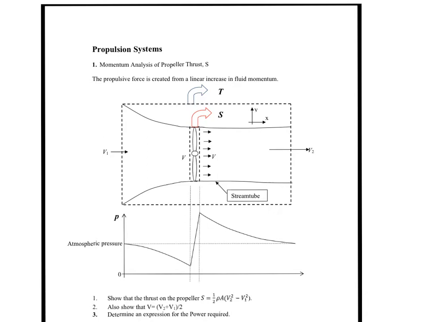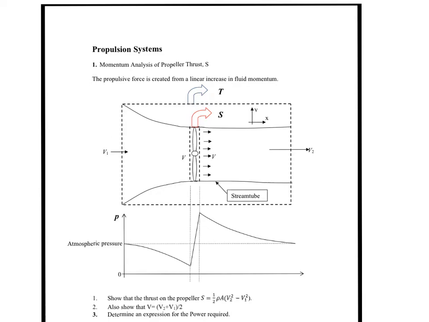Essentially the velocity increase is because the stream tube converges. You are also supposed to show that the velocity at the propeller is the average of V1 and V2. And finally, we are asked to determine the expression for the power required.